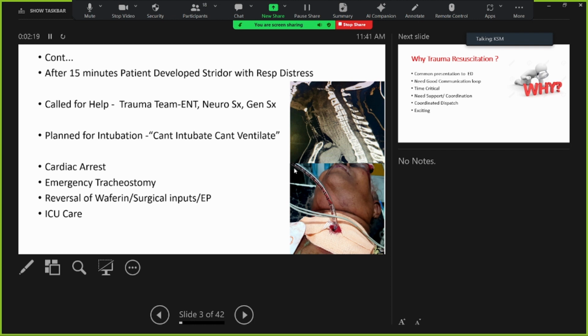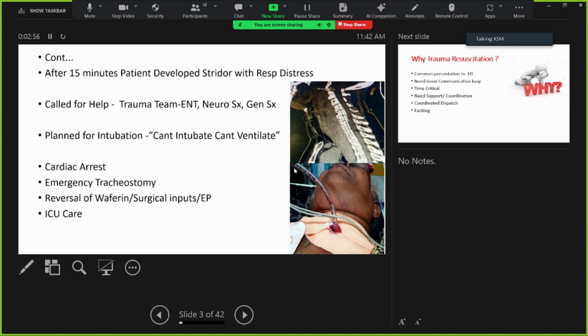So at this moment, we had to call for help, started the trauma team, and call the other specialties like ENT and neurosurgery, and then start resuscitation. From the ABCD assessment, we found the airway was at threat. So we prepared our difficult airway kit and planned for intubation because the saturation was dropping in spite of giving oxygen.